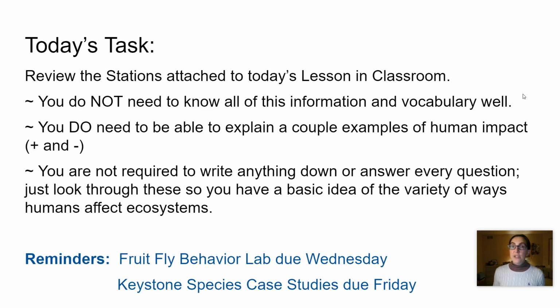You'll see some questions in there. Those are just to give you some things to think about. But again, you do not need to answer every single one of those. So just spend a little bit of time looking through those so that you can see all the different ways that we as humans interact with the planet and the diversity of the ecosystems that surround us.